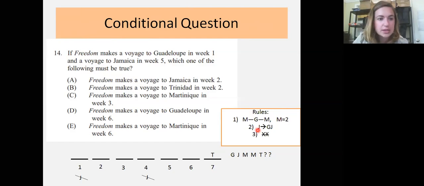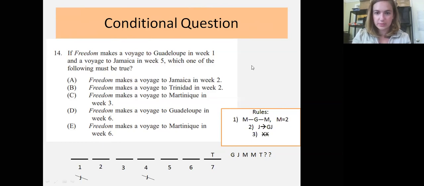So just because I put a G in week 1 doesn't mean I need to put a J in week 2. And the LSAT likes to make tricky rules like that, that hinge on one letter in particular. And that's why we use this notation, the J followed by the arrow and then the GJ to clear that up. It's super tricky.